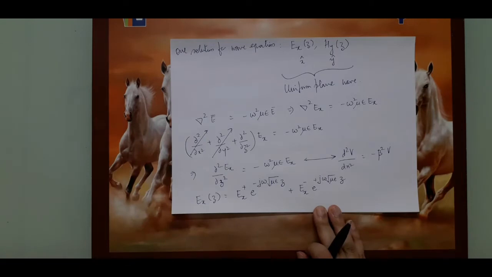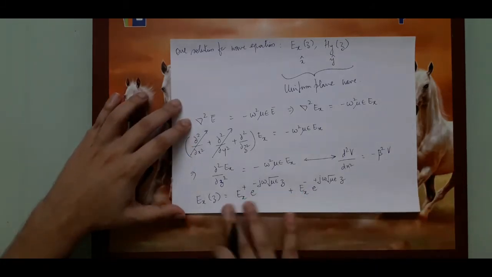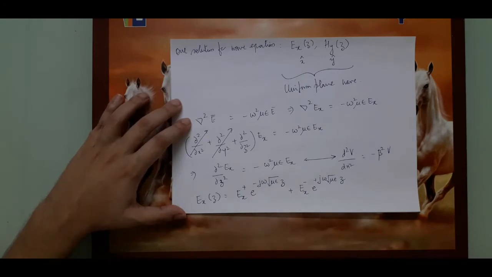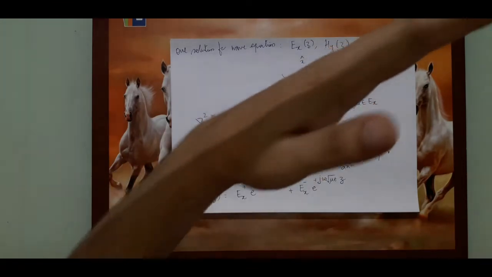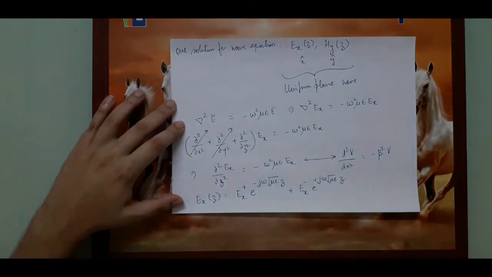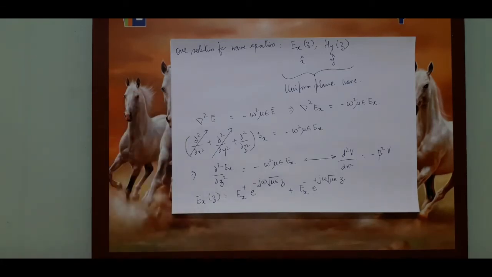So this is very, very similar to a solution of the transmission line equation where we had Vx plus and Vx minus. So again what we are seeing is, in general, there can be two waves, one going towards positive z direction, the other going towards negative z direction.